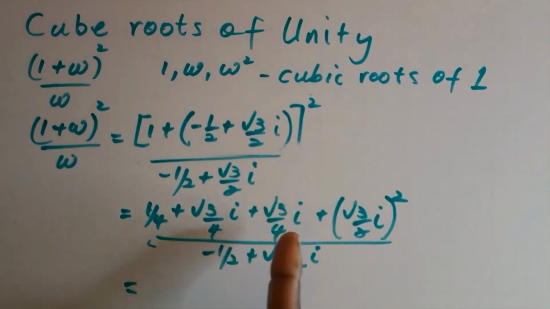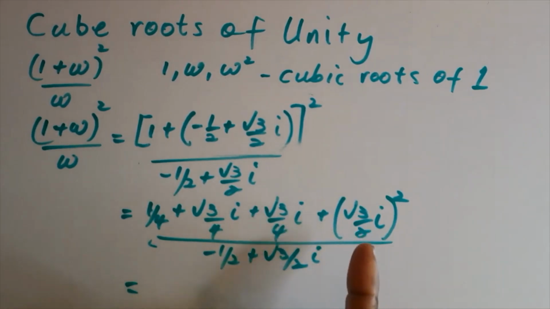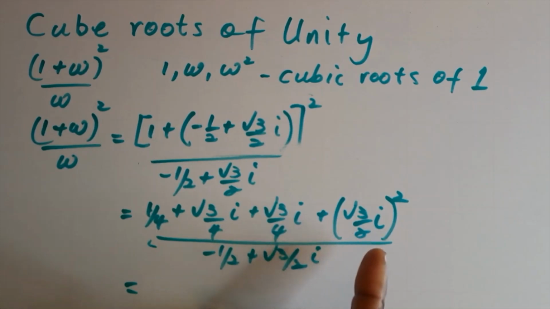So when we evaluate this, this will be root 3 times root 3, so we end up with 3 over 4 i squared, which is minus 3 over 4.